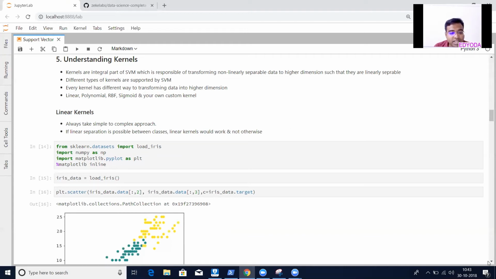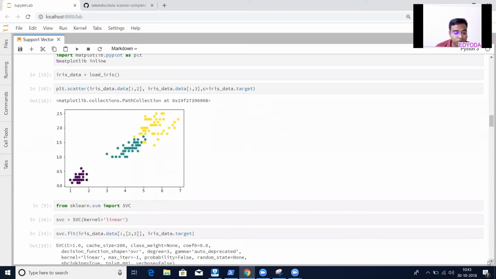The linear kernel is the simplest kernel, and it is nothing more than your soft margin classifier. Let's say we have data like this. We are plotting the last two columns of the iris data, and we can see the distribution.